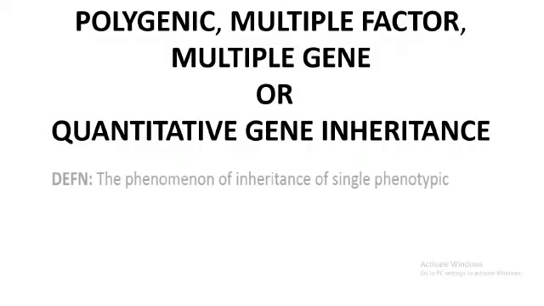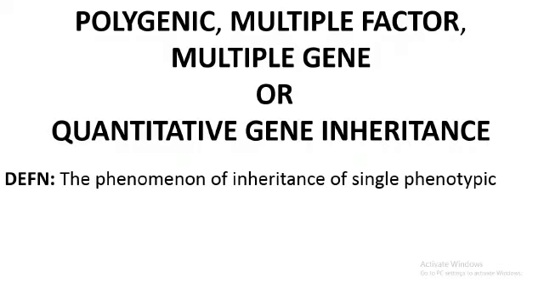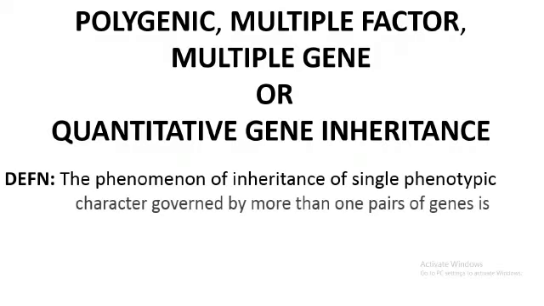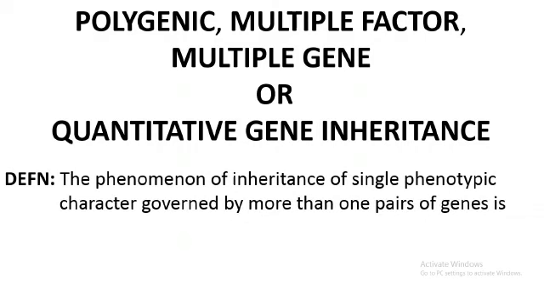That is, polygenic inheritance is a phenomenon where a single phenotypic character is governed by more than one pair of genes. That is, one character controlled by many genes is what we call polygenic inheritance, and the genes are called polygenes.